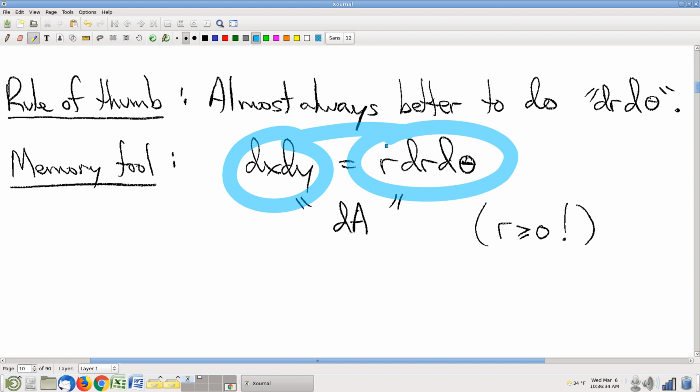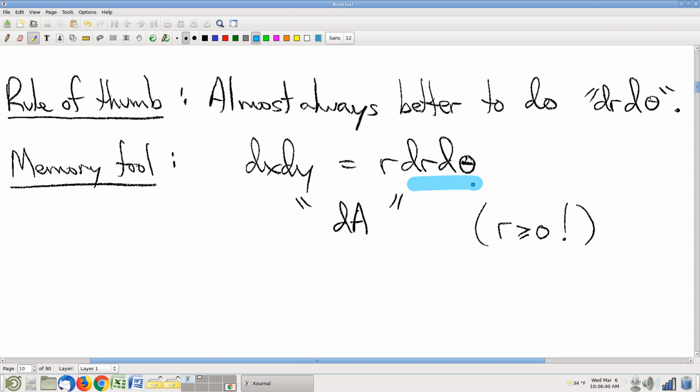So my advice: don't ever write down dr d theta by itself. Write this all down in one stroke. r d theta. That's what you write at the end. If you're going to do an integral in polar coordinates, write down r d theta first, if you will. And then you can't forget that r.